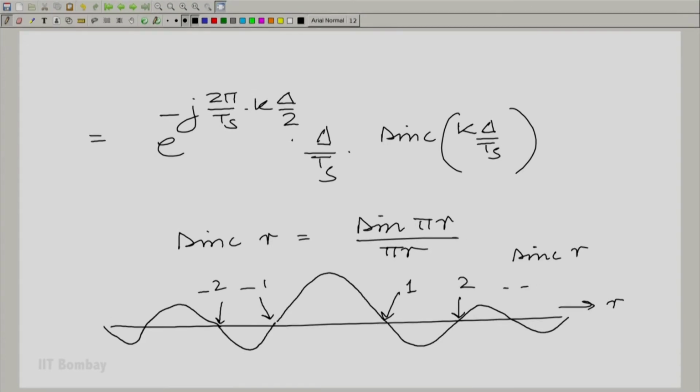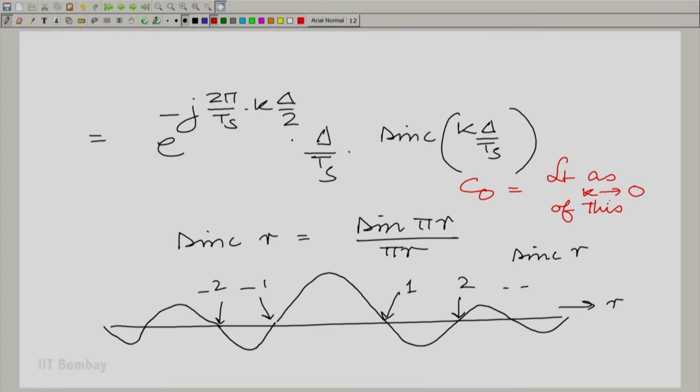Now observe what is happening. You are essentially taking many samples of the sinc function. By the way, I leave it to you to show that C0 is essentially the limit of this as k tends to 0. It is very easy to show. In fact, you can calculate C0 separately and you can prove this.